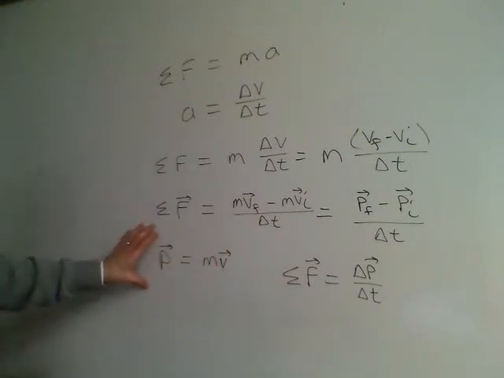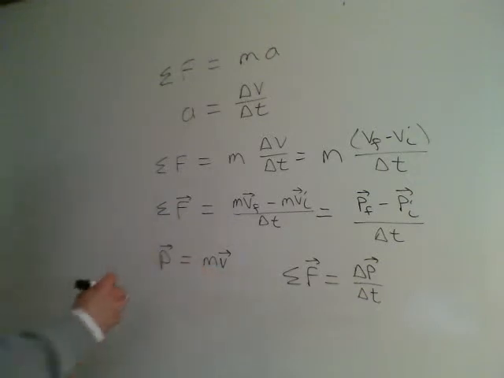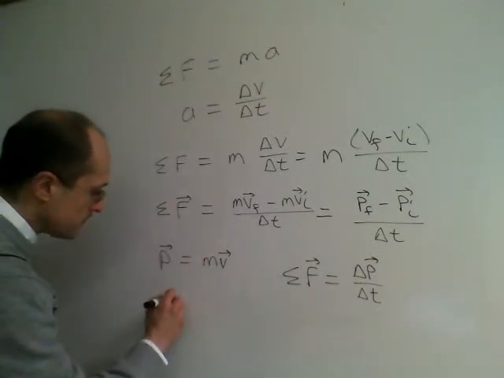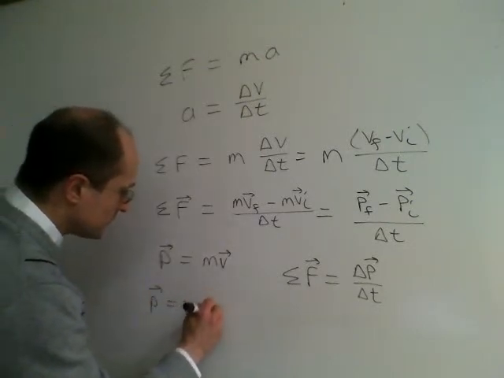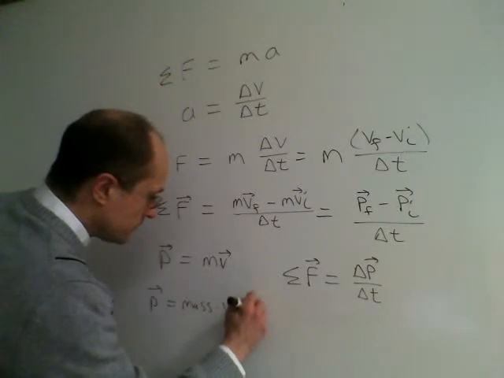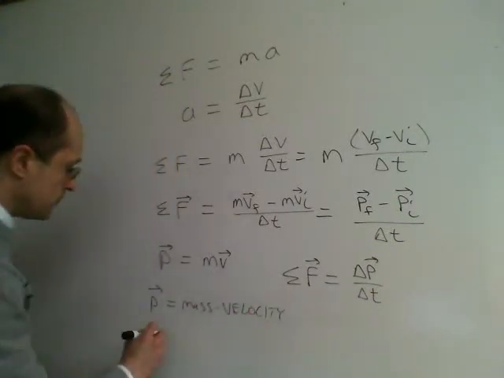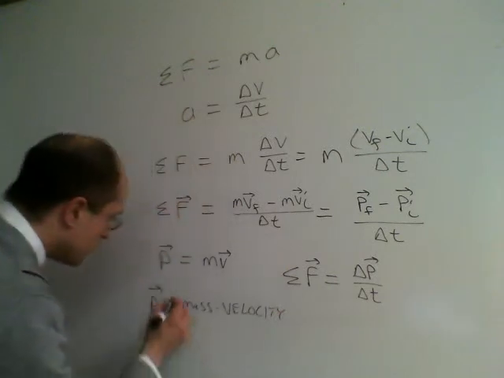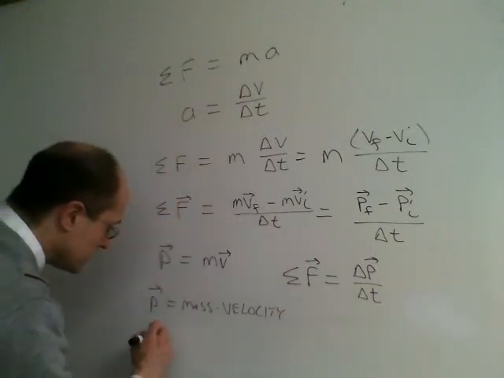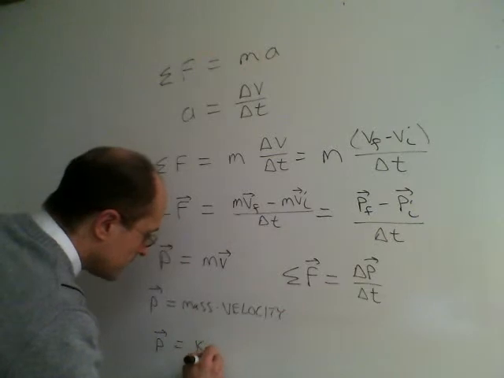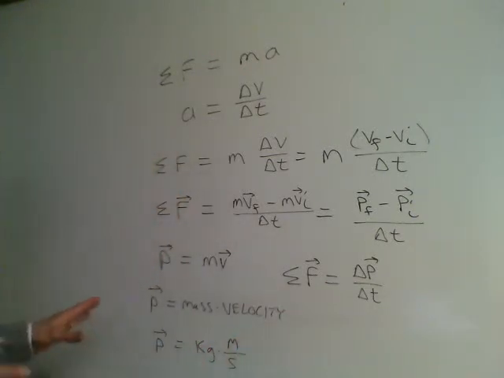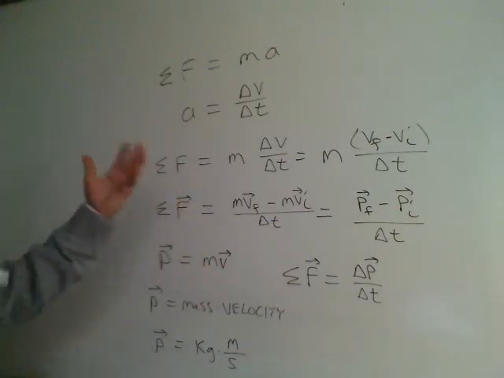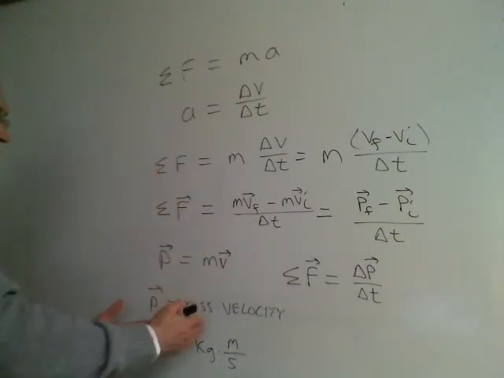We said that momentum is mass times velocity, which means the units of momentum have to be kilograms meters per second. When we have force, we use newtons, and energy is joules, but momentum doesn't have any fancy or special unit.